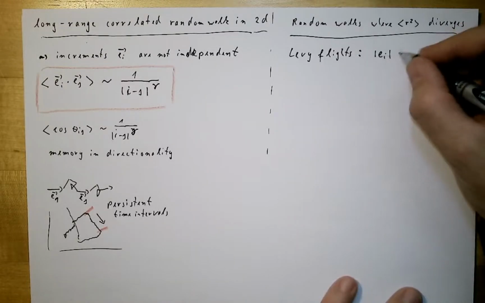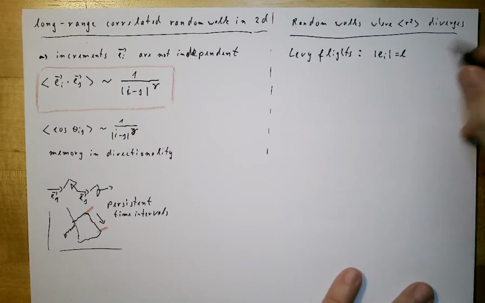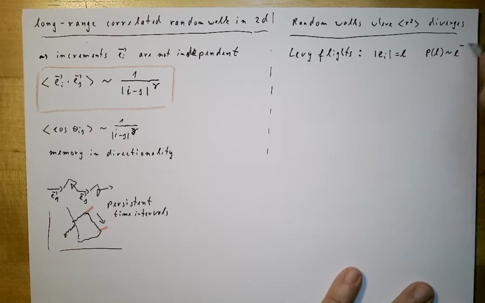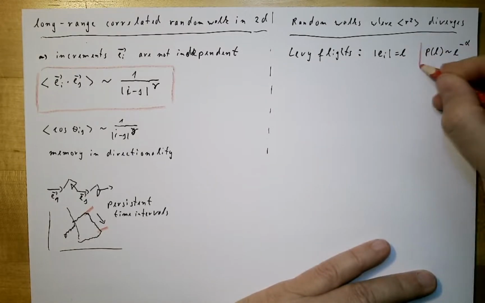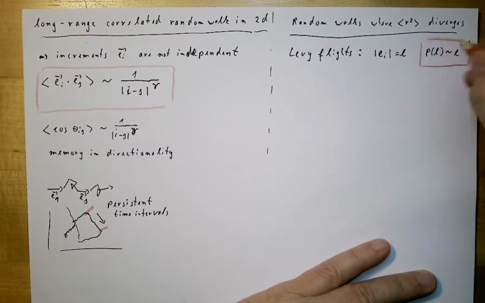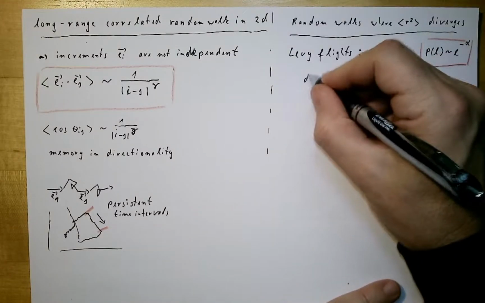So maybe we call this absolute value L, the step length of one step, and then the distribution P of L goes as L to some exponent, I don't know, how did we call it, alpha. L to the minus alpha. And the direction would be random.